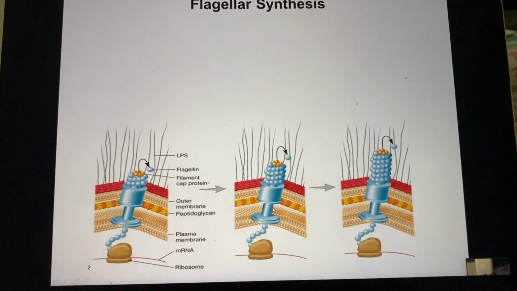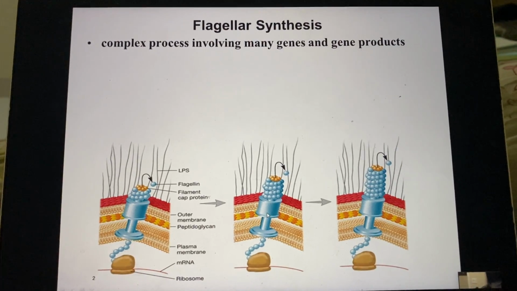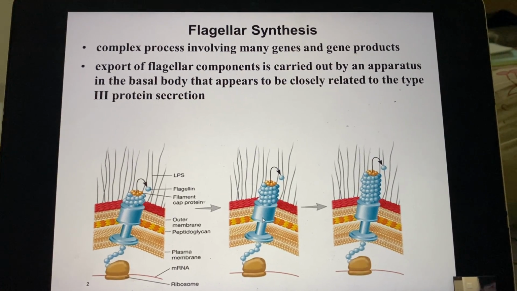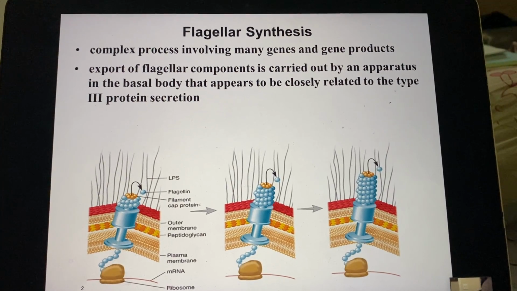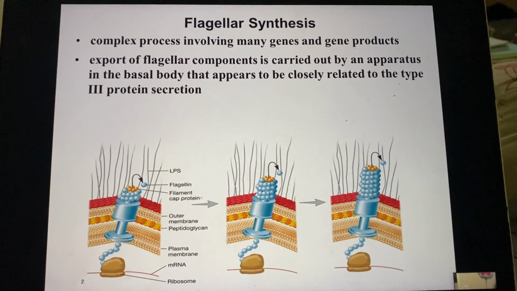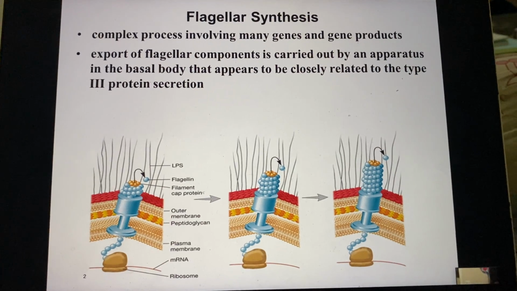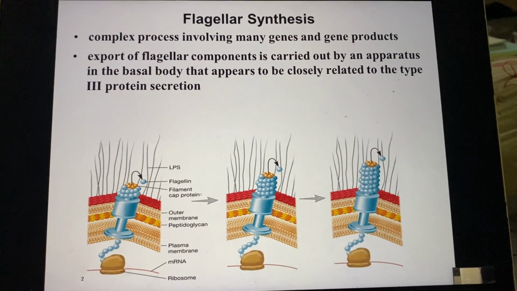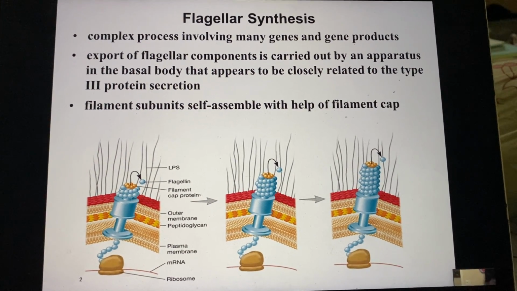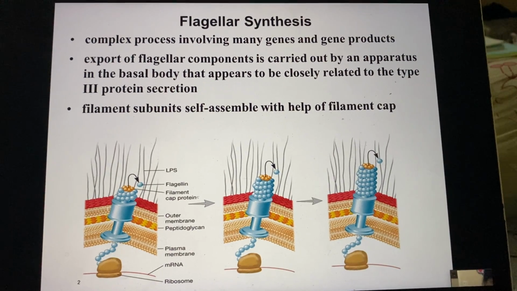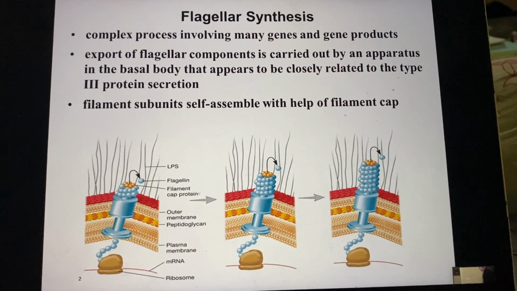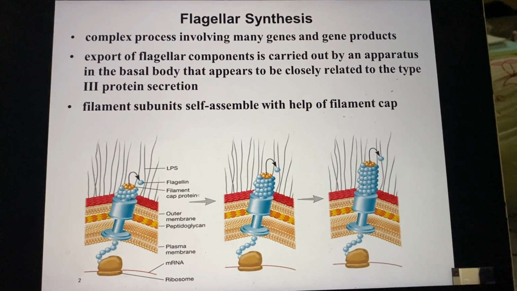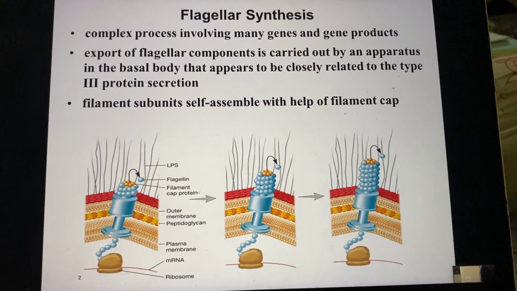So looking at it also, how is this flagellum synthesized? Of course, the flagellar synthesis is a very complex process. It requires many genes and many gene products that will eventually start to produce this flagellum in the cell. So you also realize that the flagellum is composed of a protein, and this protein can only be synthesized in the cytoplasmic area where the ribosomes are.